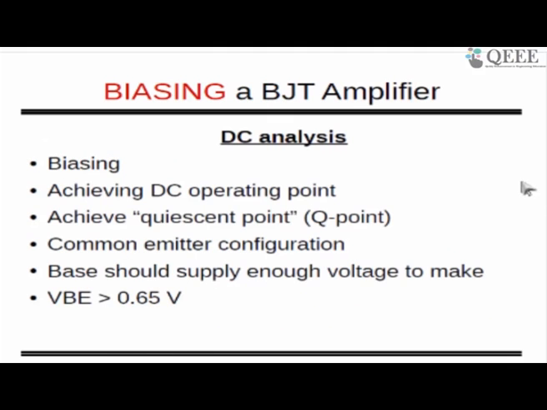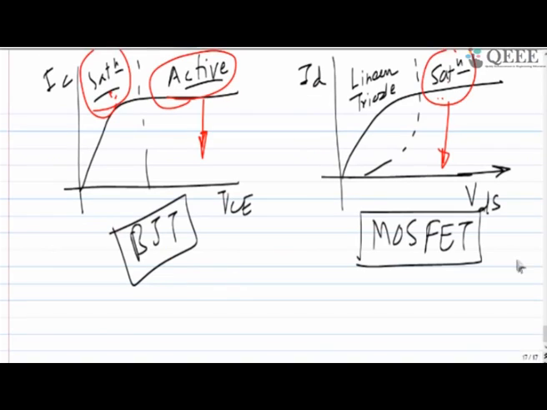So what we want to do is bias it and achieve the DC operating point, which in some places is known as the quiescent point or the Q point. I am going to use the common emitter configuration, which you must have seen.